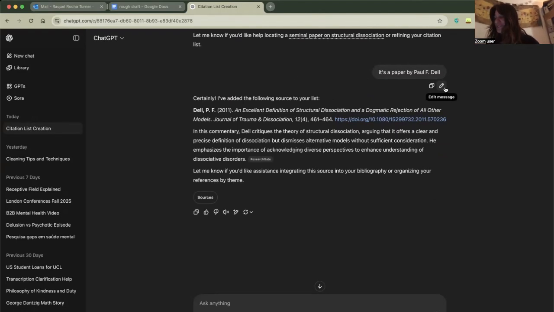I actually read this one first. This guy has his own structural dissociation model, and these other researchers went through and tried to redefine it their own way, but they used his and kind of tore into it. And he was saying that they are being extremely dogmatic, and it was a really short paper, but he was going into all of the things that they said that were just not accurate.